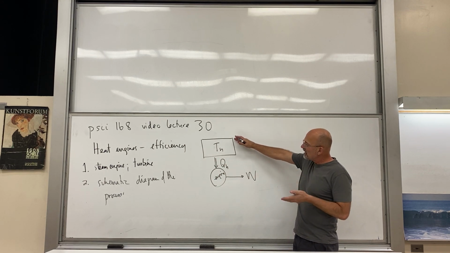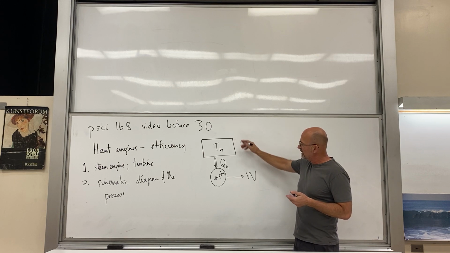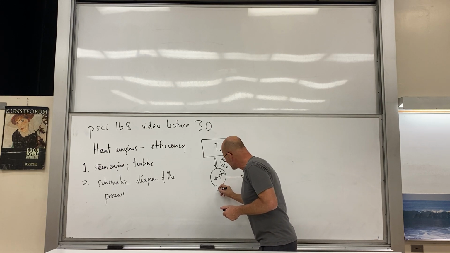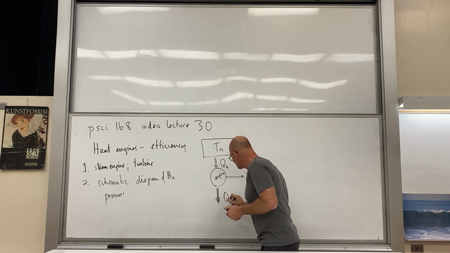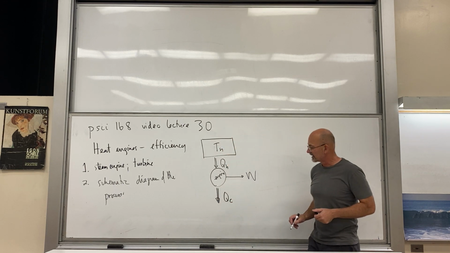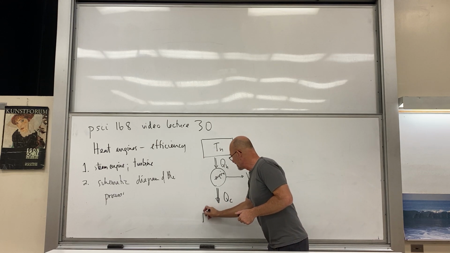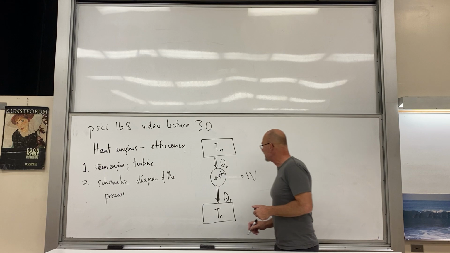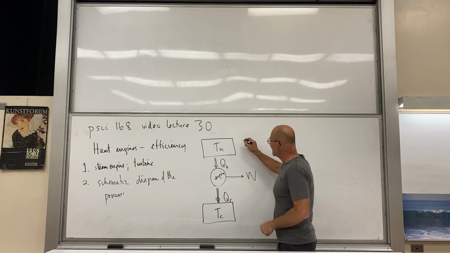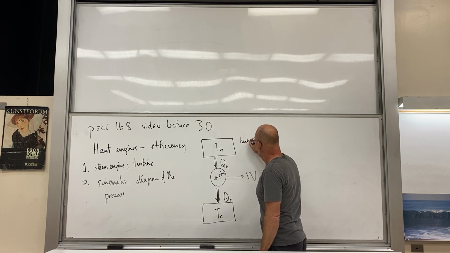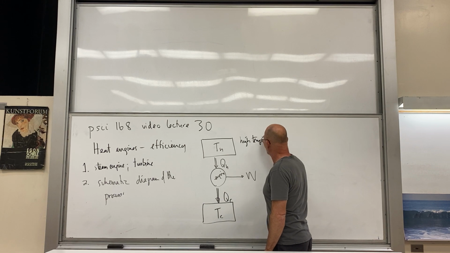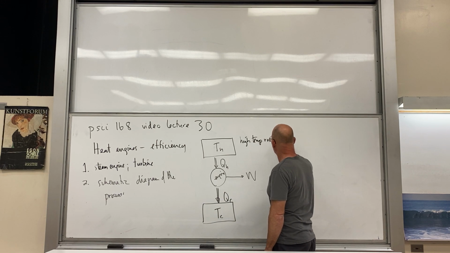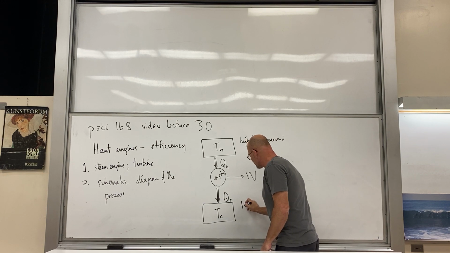But in analyzing the heat engines, we saw that you're only going to get a complete cycle if you give off some heat as well. And then we have this low temperature reservoir, TC. So this is the high temperature reservoir, and this is the low temperature reservoir.